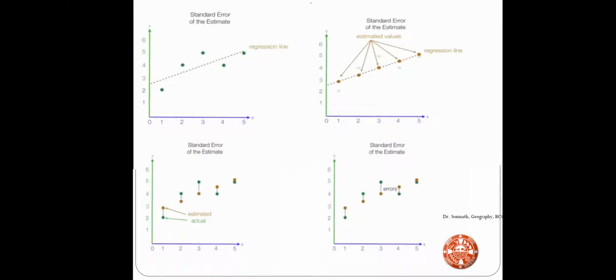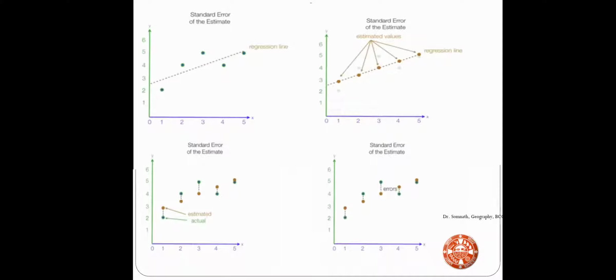Now for a general idea, with the help of these diagrams we can understand the utilization and application of the standard error of estimate. Here the green plots on the scatter diagram are the actual values, and on the regression line the brown plots are the estimated values.